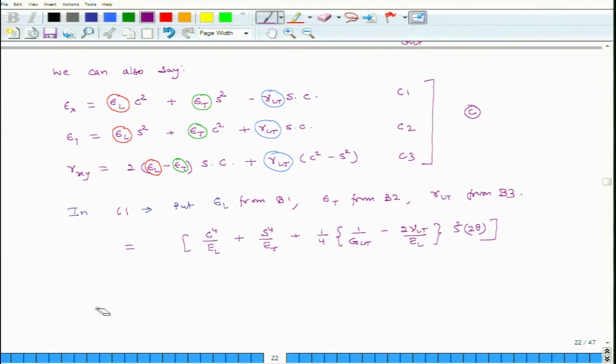So, this I will erase and I will call it 1 over Ex. So, this is my definition for 1 over Ex, D1.